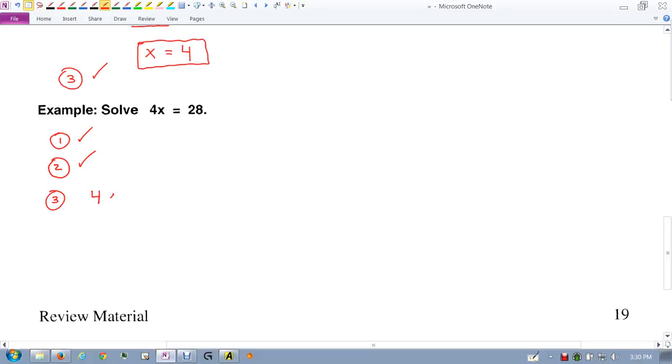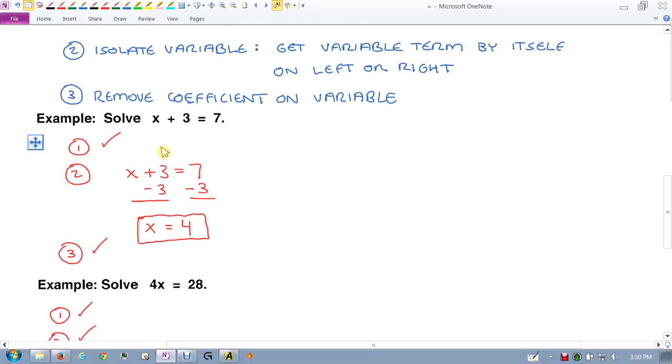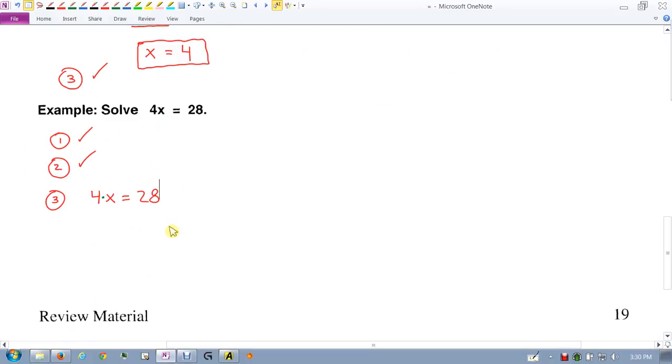So 4x equals 28. What is the operation between the 4 and the x right there? Multiplication. How do you undo multiplication? You divide. Right? On the last problem, we had plus 3. So how did we undo addition? We subtracted. If we have multiplication, we undo it with division.